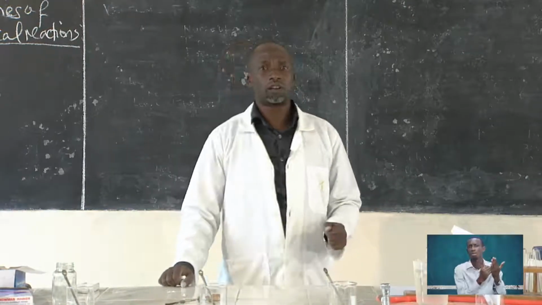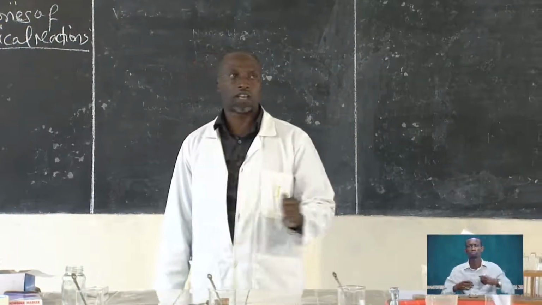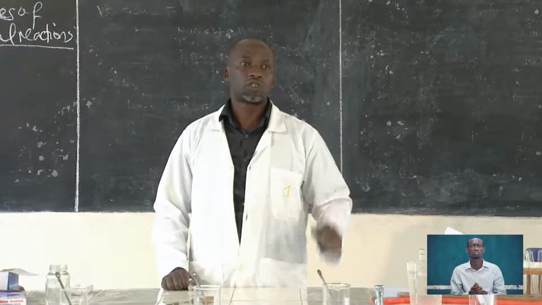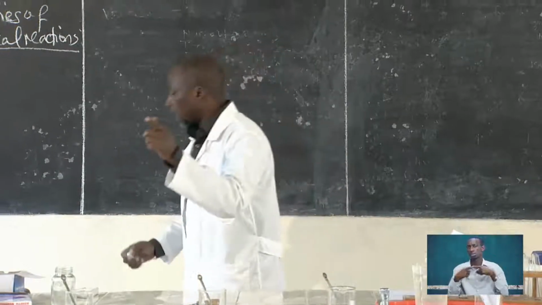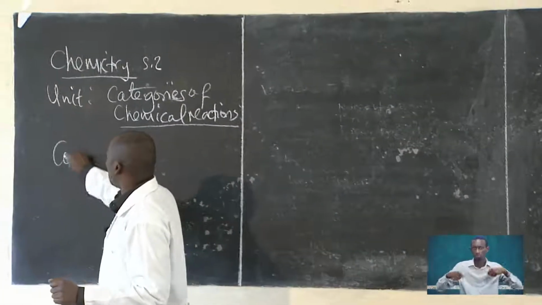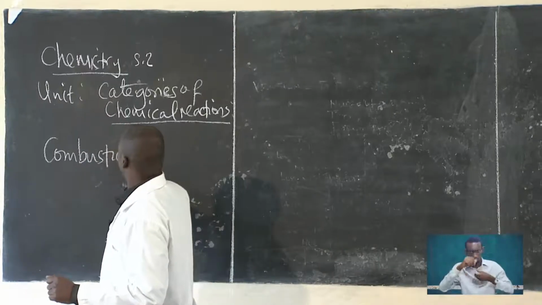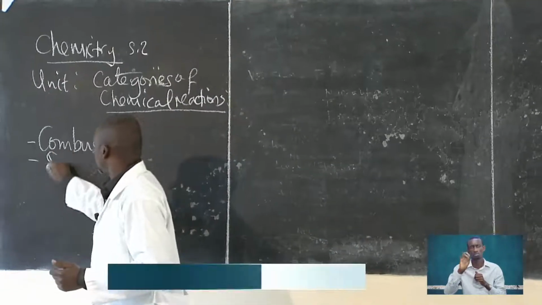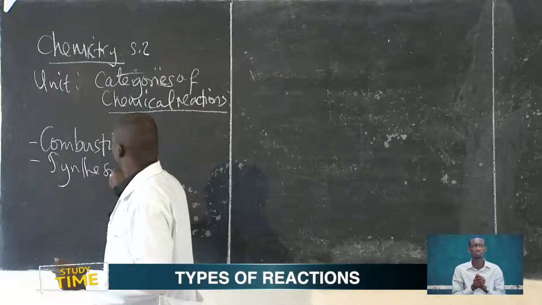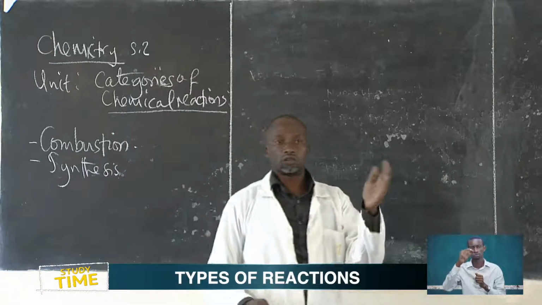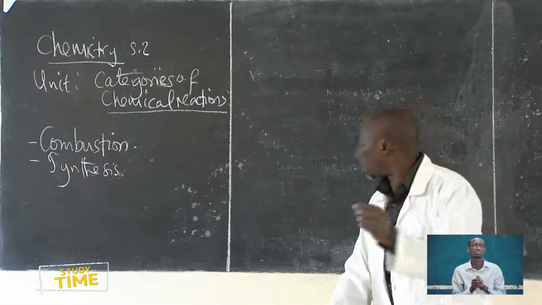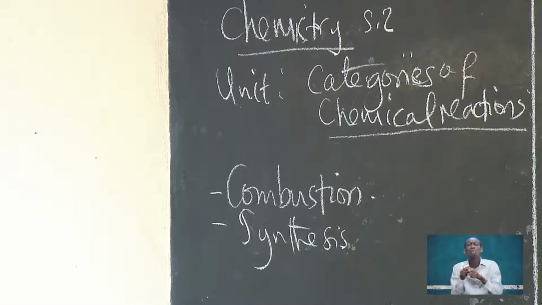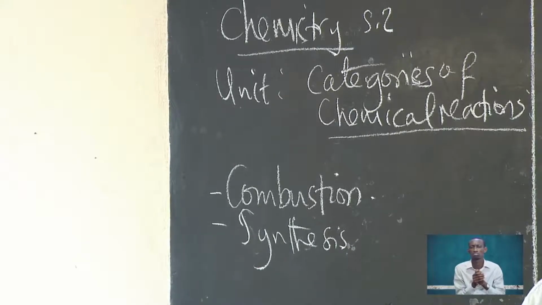If you remember very well, we talked about a number of reactions, and we even did some experiments to verify those chemical reactions. One of the reactions that we looked at was combustion. We said combustion is similar to burning, when a compound combines with oxygen.